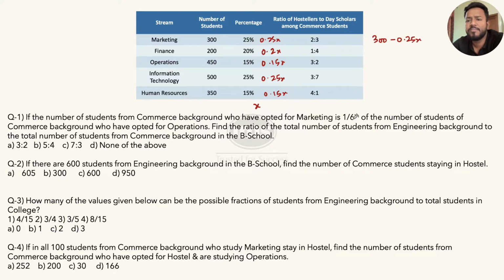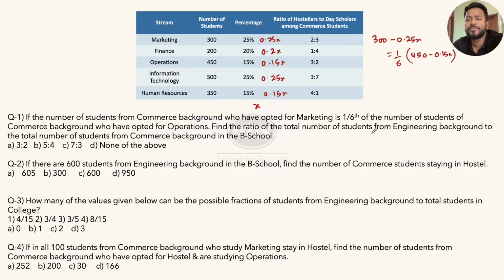This number is 1/6 of what? 1/6 of the number of students of commerce background who have opted for operations. So we'll do the similar thing for operations as well. So operations commerce students will be 450 minus 0.15x. So this equation is given.